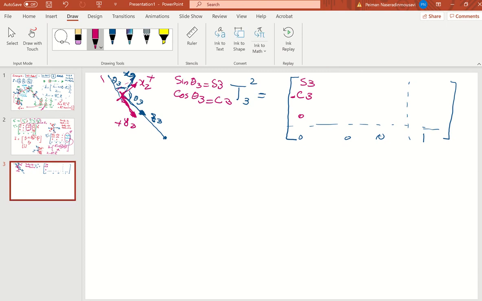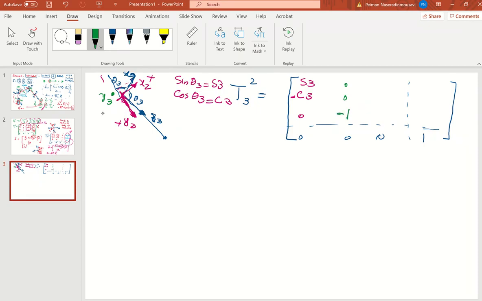Let me change the color. I want to make it clear. So y3 is out of the page, and you see z2 inside the page. So you see that it's going to be 0, 0. So y3 and z2 have opposite direction. So it's going to be -1. Understand?